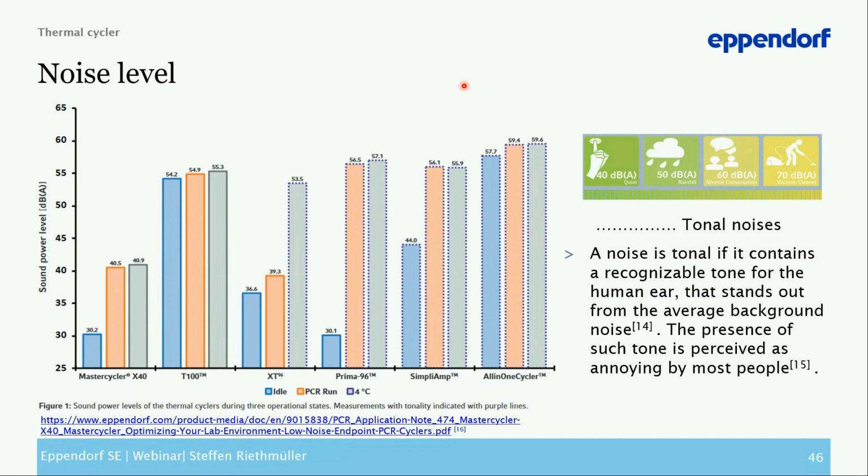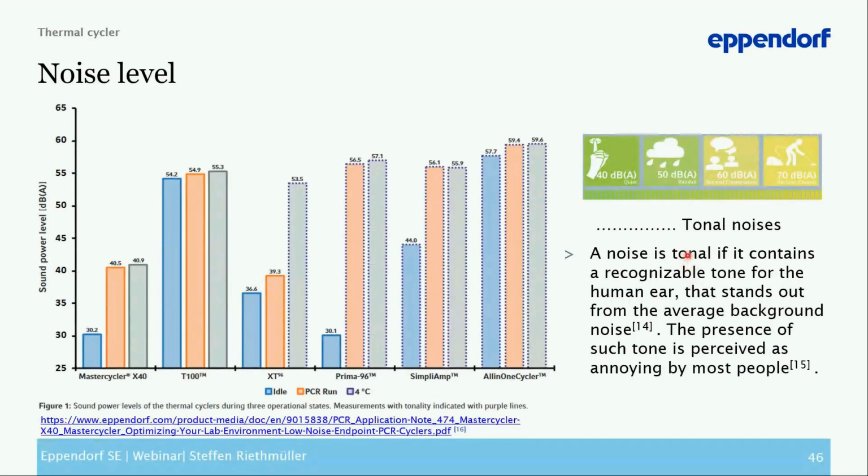And what else is important is if the cycler shows tonality. So if the cycler has tonal noises, and all the cyclers and signals here, which are surrounded by a dashed line, they show tonality. Tonality means that a noise contains a recognizable tone, which is recognizable for the human ear.